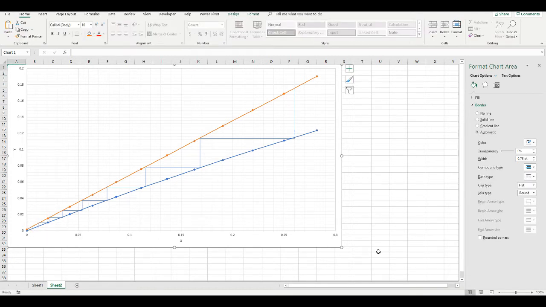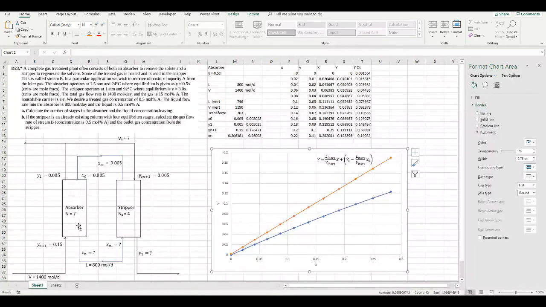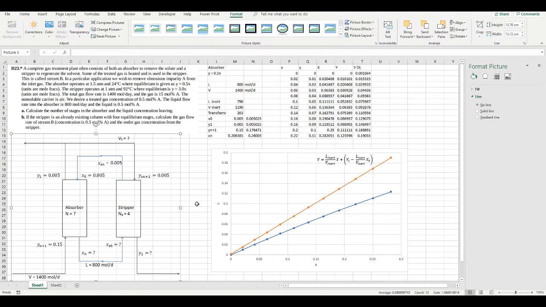Okay, so now that we've stepped down the column, the number of stages is the number of times we contact the equilibrium line. So we have 1, 2, 3, 4, 5, 6, 7, 8 stages. So we can go ahead and enter that here.